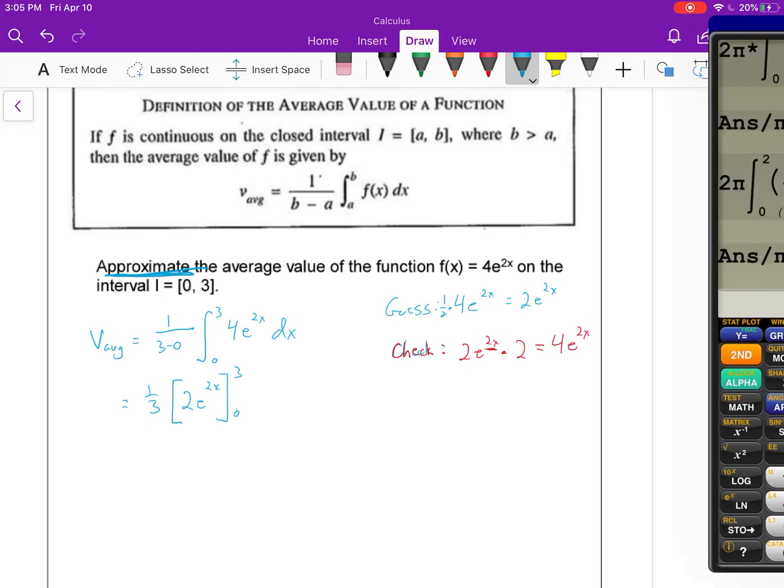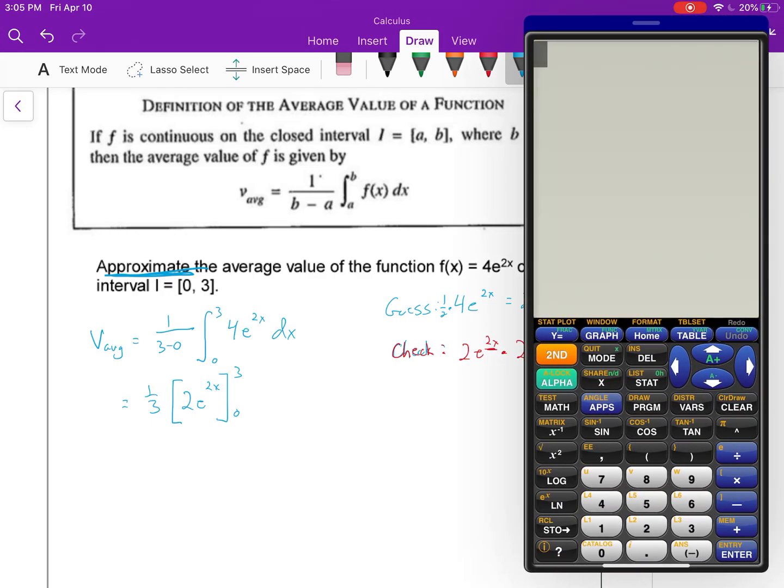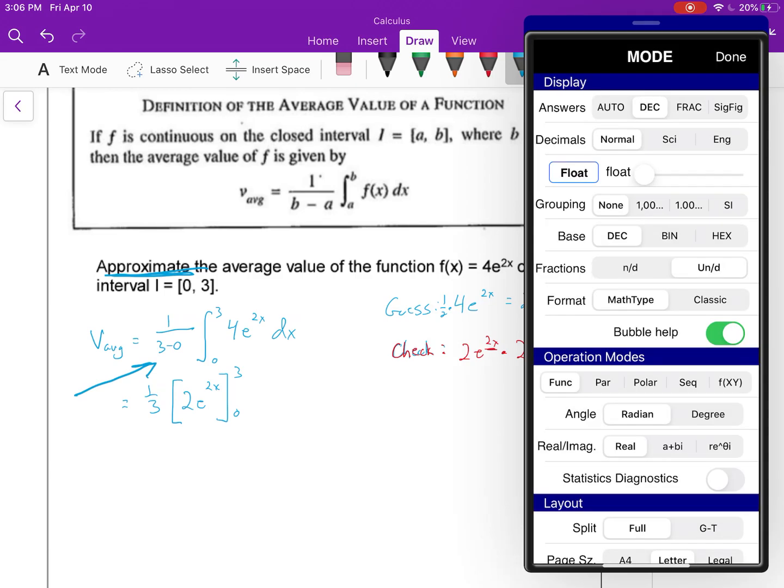Now, actually, it does say approximate, so really, we could just put this in our calculators. So actually, I'm going to go back to this one right here, and we're going to do 1/3 times the integral. So math, 9 of 2 times e to the, oh, I'm sorry, putting the wrong thing in there. Getting ahead of myself.